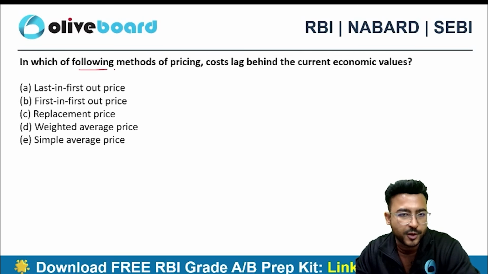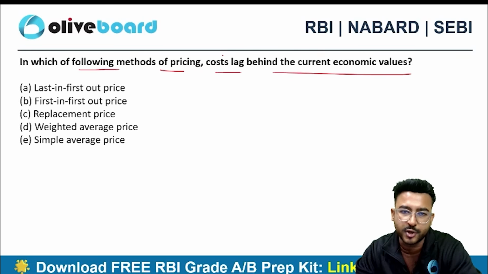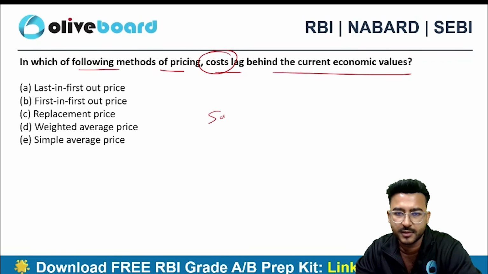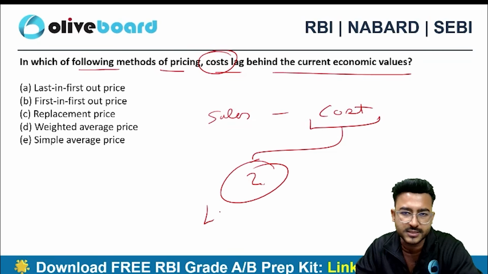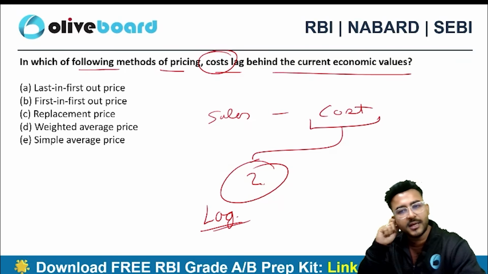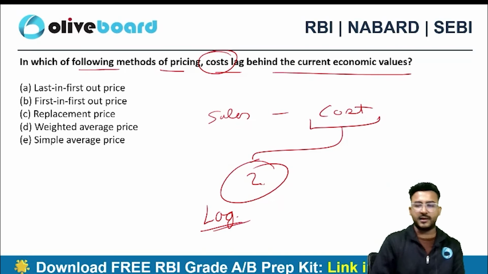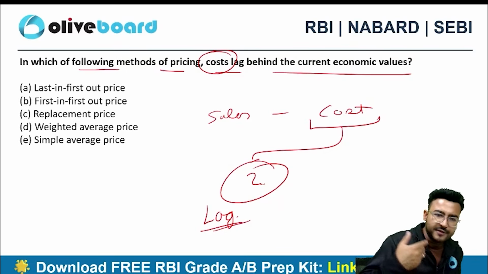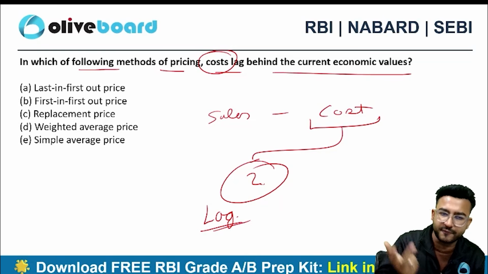If they're talking about cost, they're talking about sales minus cost, so that cost is lagging behind the current economic value. Now, in which method can the cost lag behind the current economic value? We use different methodologies in accounting in AS 2, like last in first out and first in first out.